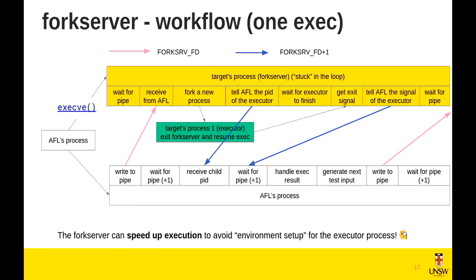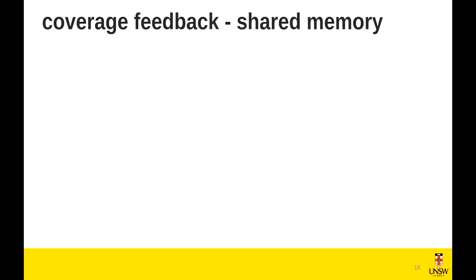There are some even faster ways of executing the target with a persistent loop. But we won't learn that here because it has some drawbacks, and this design of the fork server is relatively stable. And that's about how the fork server works and how it helps to speed up the execution of the target program.